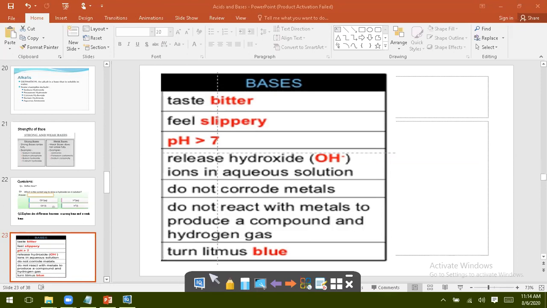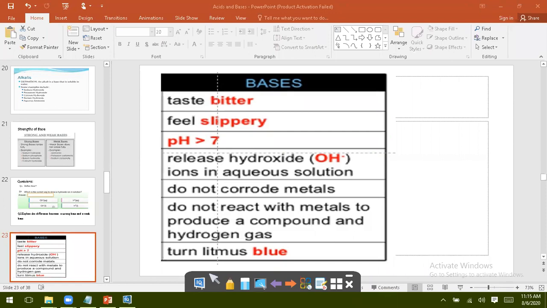A base feels slippery or soapy. The pH value of an acid is less than 7, and the pH value of a base is more than 7. 7 is neutral. An acid releases hydrogen ions, and a base releases hydroxide ions.